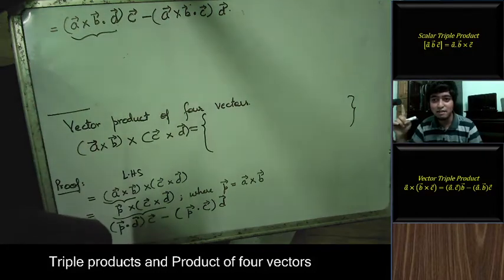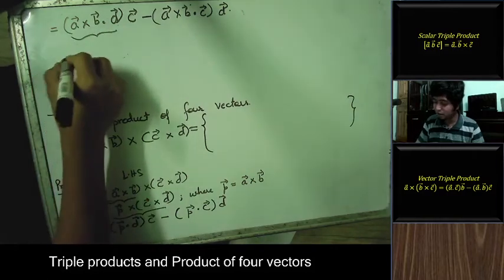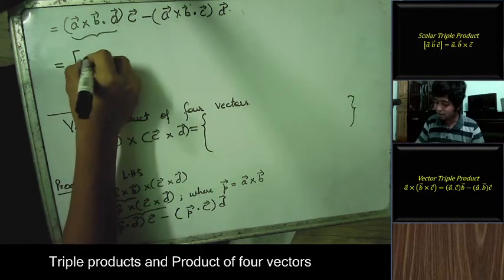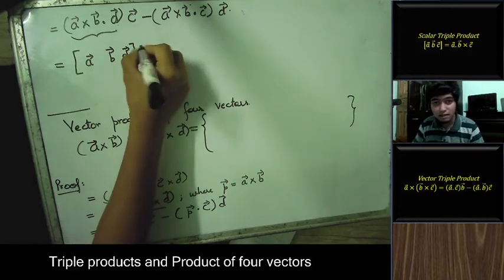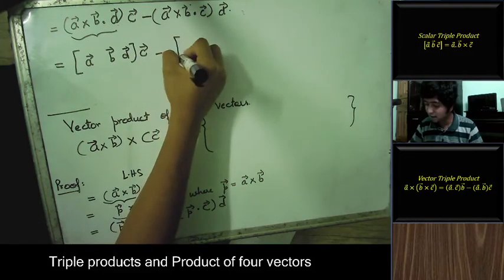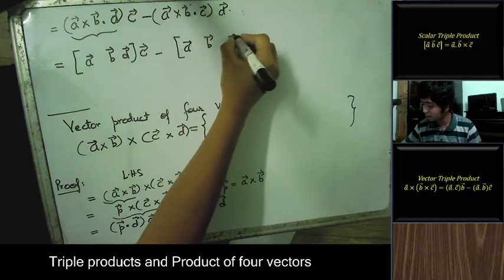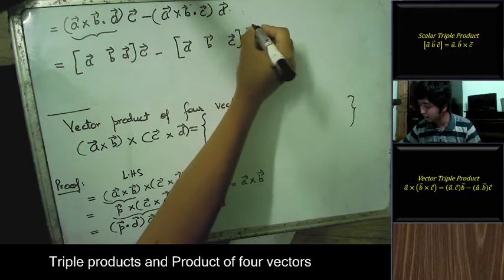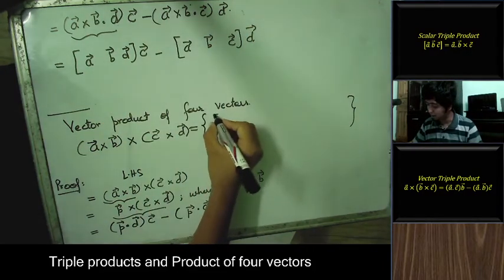Again, remember that we can interchange the cross and the dot. So over here we can easily write this one as the box product ABD C minus the box product ABC D. So this is the first formula that we can write over here.